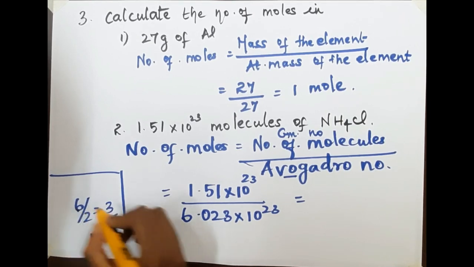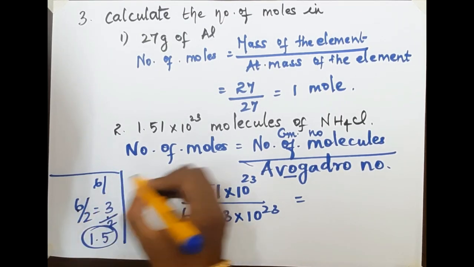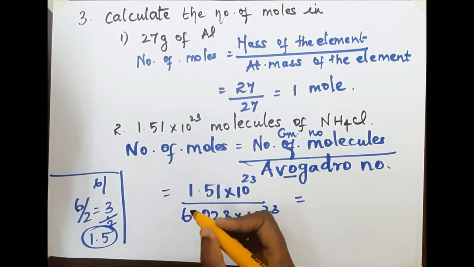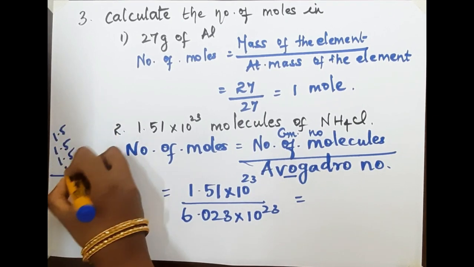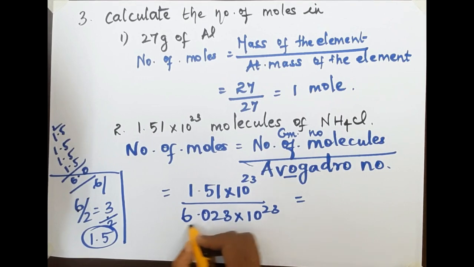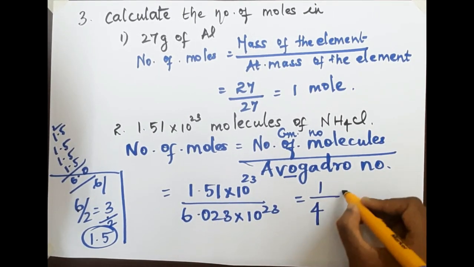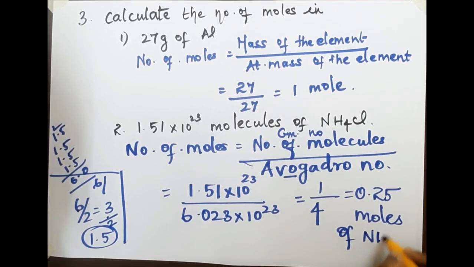So from 6, for getting 1.5, 6 is divided 4 times, that is a fourth quarter. 1.5, 1.5, 1.5, 1.5, when you add it, you will be getting 6. So now you see the first 2 digits, 6 and 1.5. Directly you put it as 1 by 4, that is equal to 0.25 moles of NH4Cl.